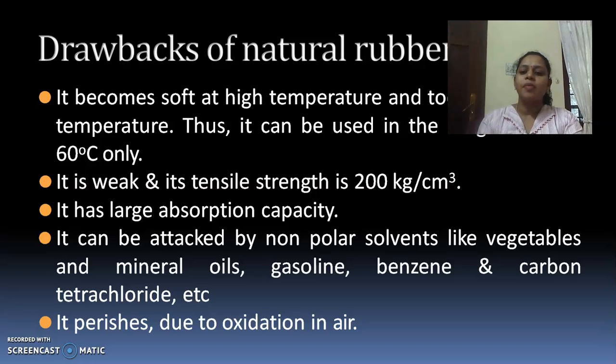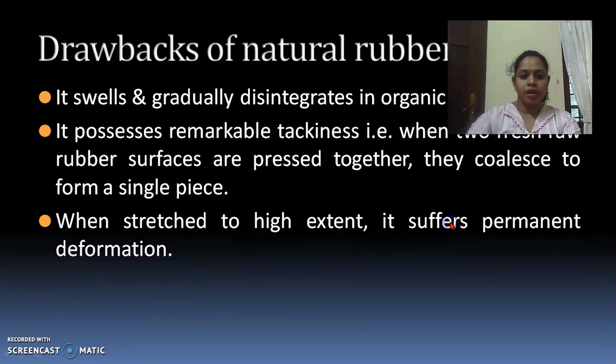Its tensile property, that is strength, is very low, it has low absorption capacity, and it is attacked easily by solvents. It is also easily perishable due to oxidation in the air. So several drawbacks are there. When it is stretched, it suffers a permanent deformation. Its elasticity will be lost.